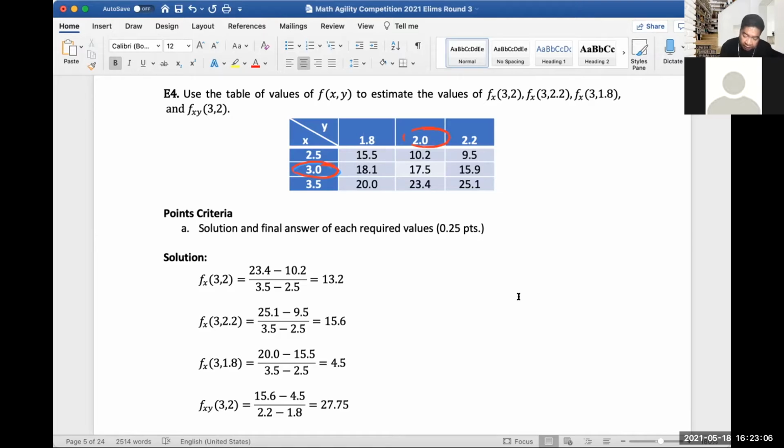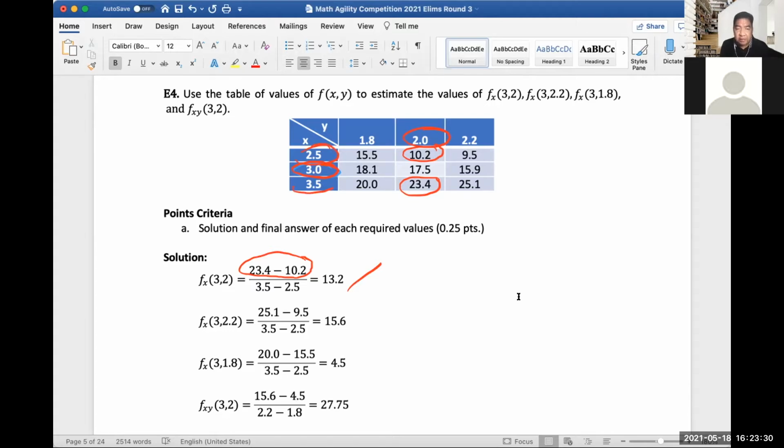This would be in between 23 and 10.2, in between 3, right? So this is the part here. And the denominator would just be your x values, which is 3.5 and 2.5, right? So we got 3.2 for the first answer.